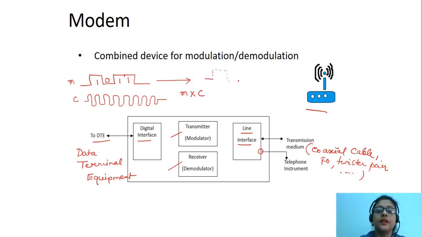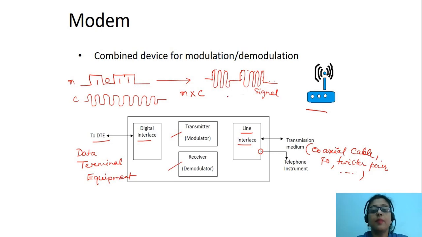It will take its proper shape, and instead of pulses, now you will get the carrier signal over here, like this. So this becomes a signal now, and it can be easily passed through the transmission medium. This is about modulation.